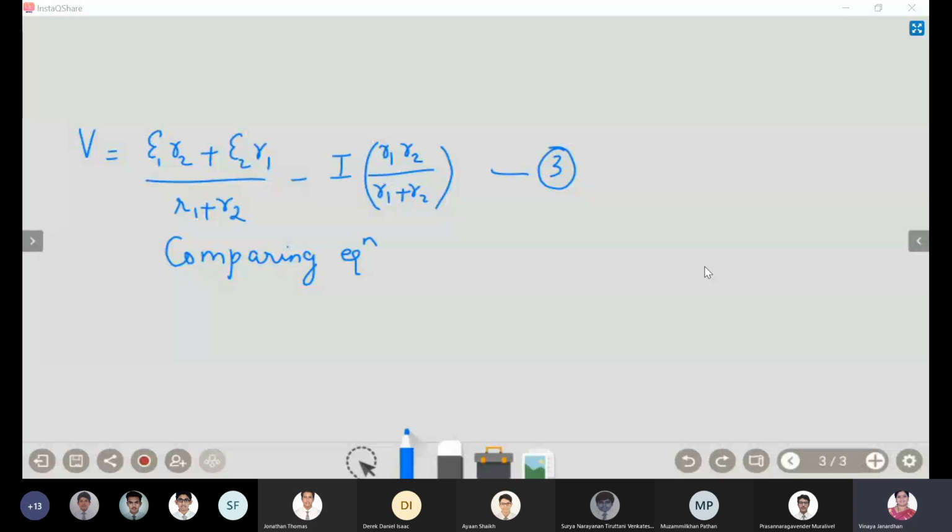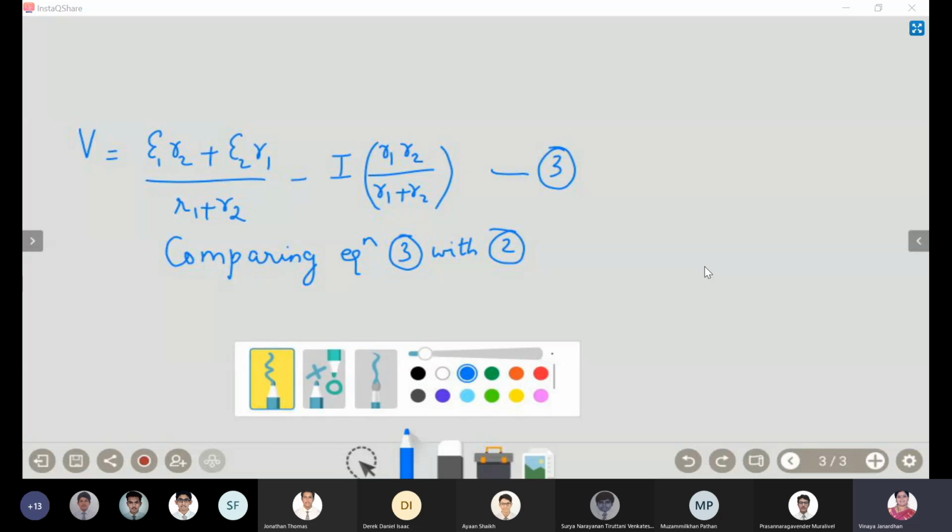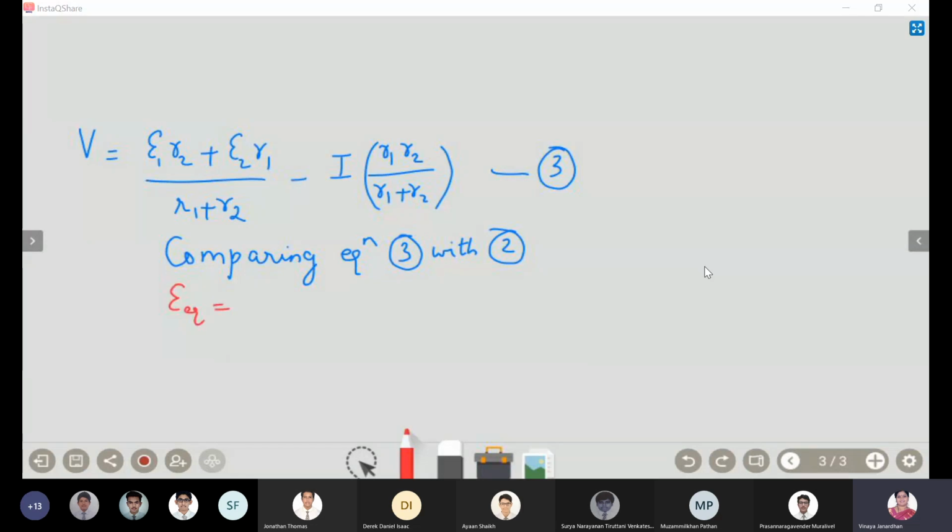In that case, what is E equivalent? Ma'am, E equivalent is E1 R2 plus E2 R1 by R1 plus R2. Then what is R equivalent? R1 R2 divided by R1 plus R2.